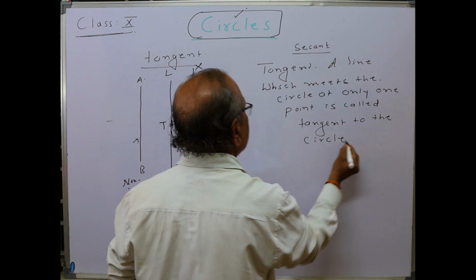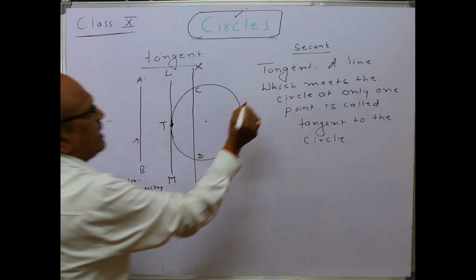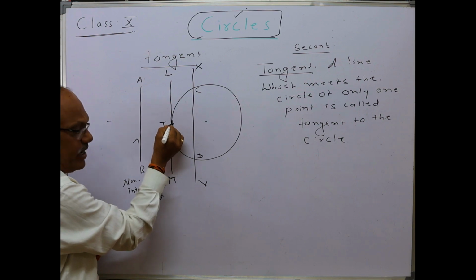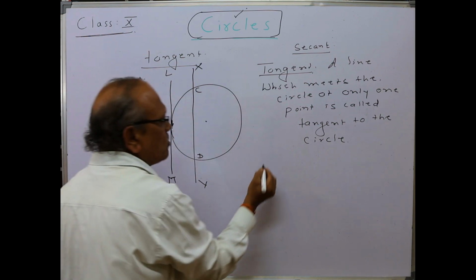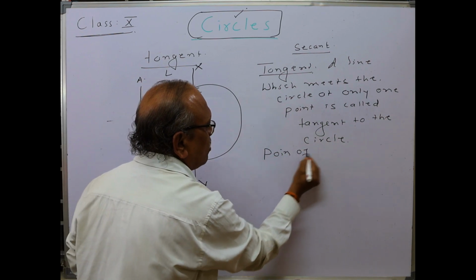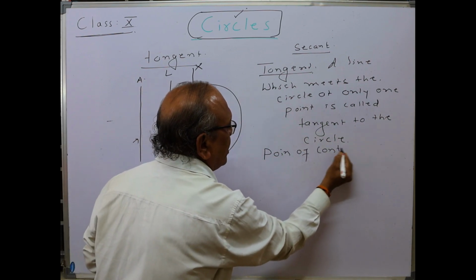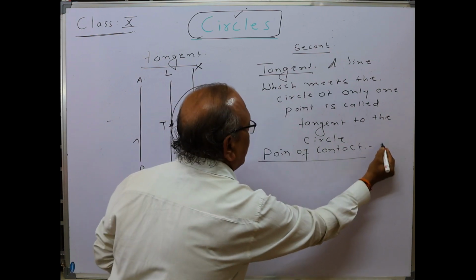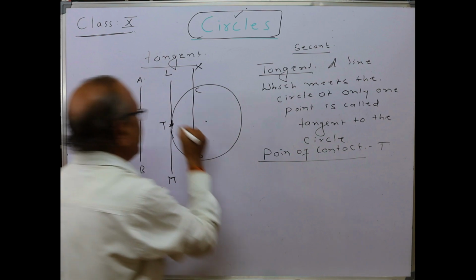And you can observe that this particular tangent is meeting this particular circle at the point T. What is this point T called? Point T is called the point of contact. The point where the tangent meets the circle is called the point of contact. In the figure, point of contact is T.